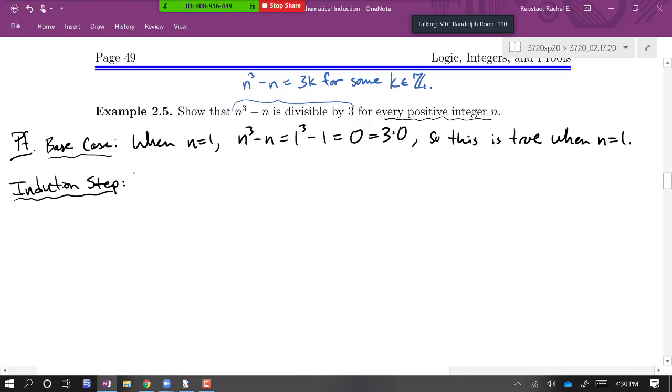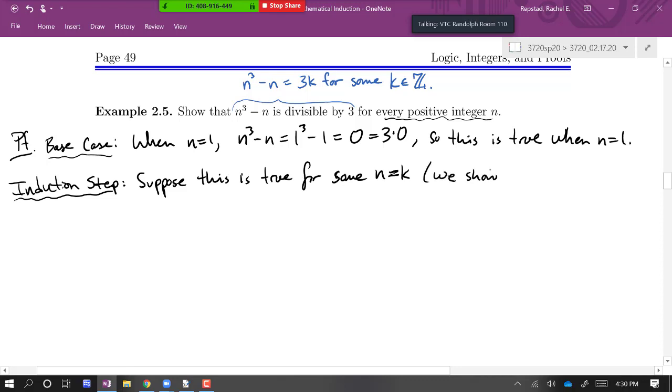We are going to suppose that this is true for some integer n equals k. What is it that we're going to show? Like, how does induction work?